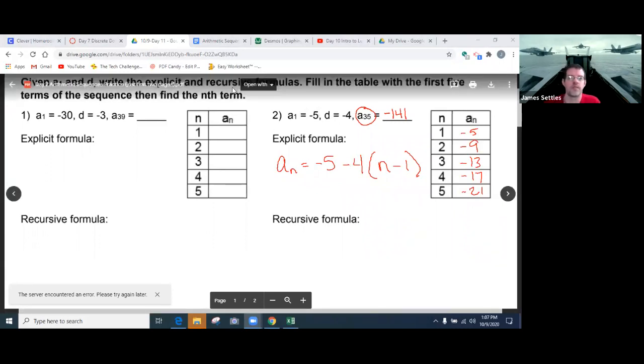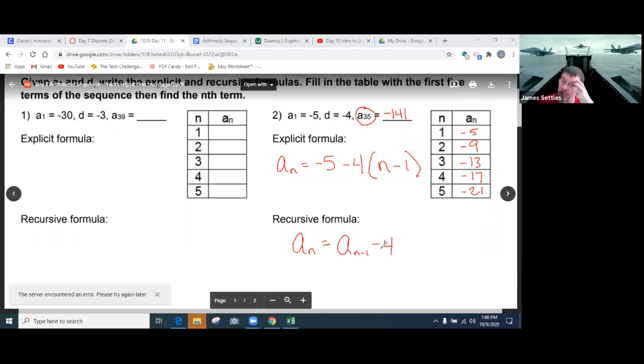And then our recursive formula was a sub n is equal to, so it's this really dumb formula. And the only thing we care about is at the end, it's got the difference, which would be -4. Like I said, we won't use this formula at all, other than if they give it to us in a problem and we see this n-1, we know that this right here is the difference.